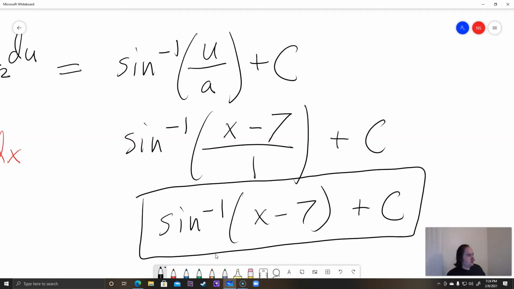Okay, and then on your homework, you have one more problem that is similar to this one. It's just the format is more set up for a tan inverse rather than a sine inverse. For the last problem in your homework, problem number 12, well, depending on your class, it might not be problem number 12, but there's one more problem where it's more in the format of tangent inverse.